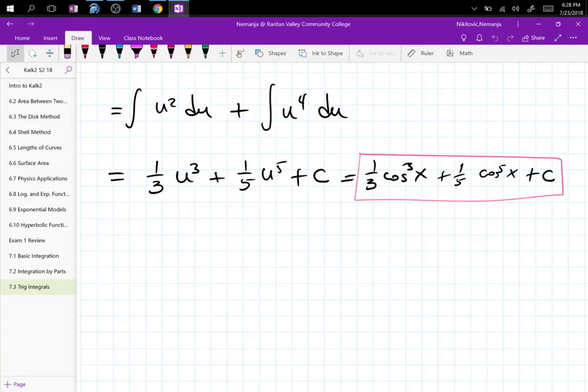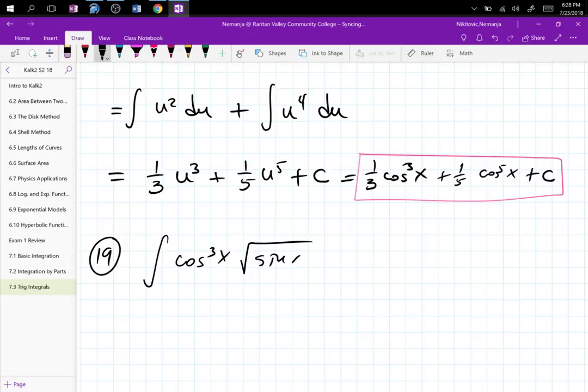Let's see what they have. They have something cool. Yes, they do. It's really cool. Problem number 19. Could have saved it for the exam, but I haven't. I have to think of something else now. Integral of cosine cubed x square root of sine x dx.